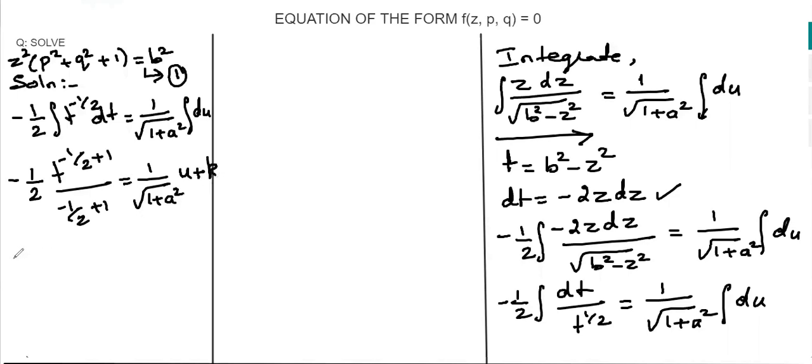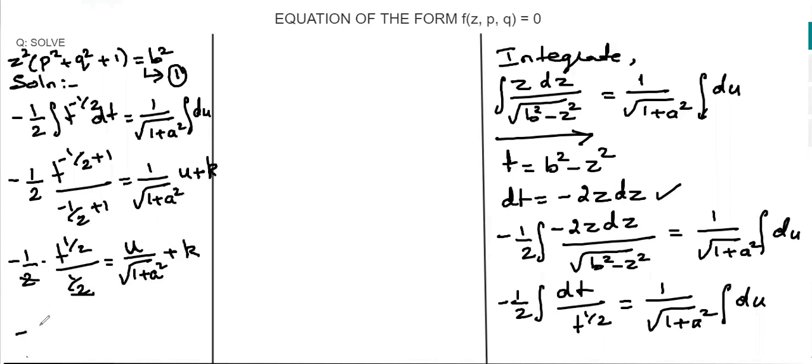Now just simplify this. Negative 1 over 2 times t to the power, half minus 1 is what? Just half, over half, equals 1 over square root of 1 plus a square times u plus k, where k is an integration constant. And this 2, when taken to the numerator, gets cancelled with this 2.